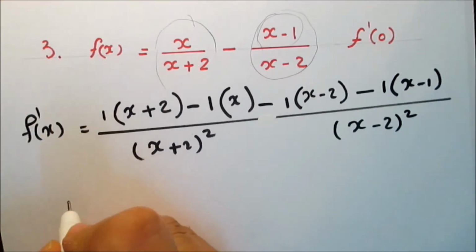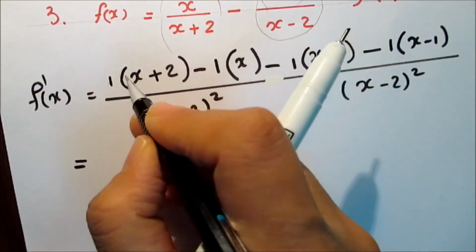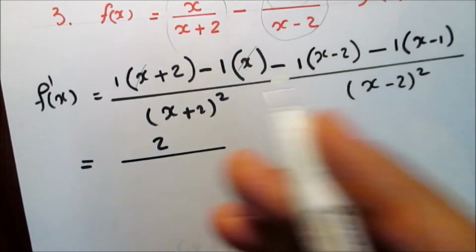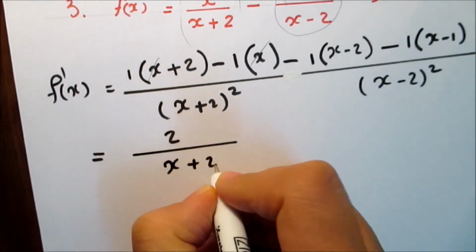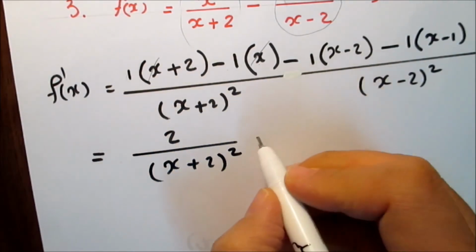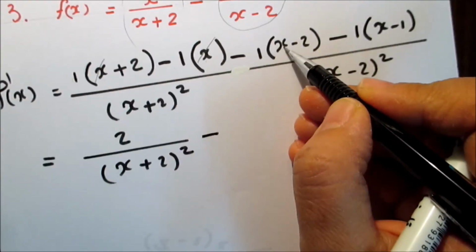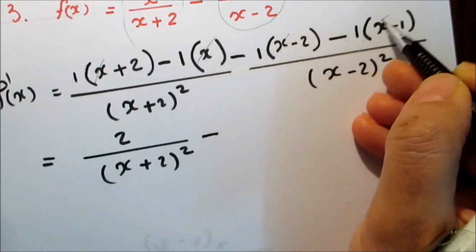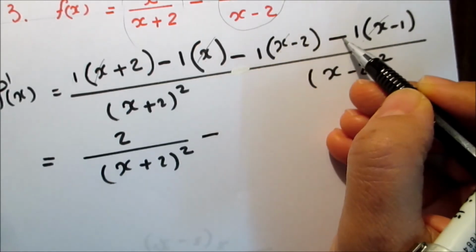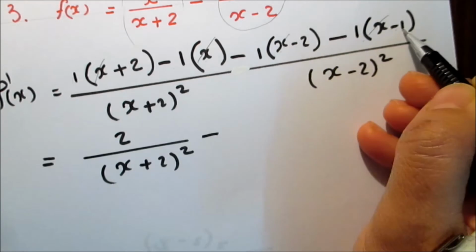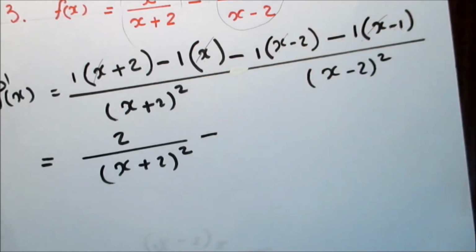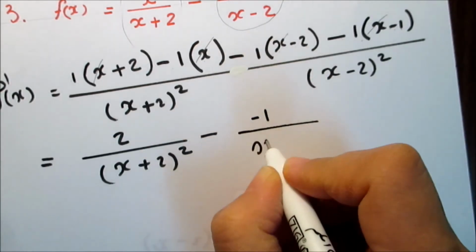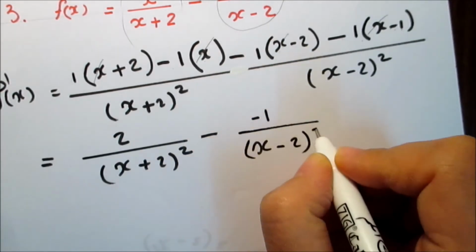Now simplify. We have 1 outside, so remove the bracket, so x minus x cancel each other, so we have 2 here, 2 over x plus 2 all squared, minus, here it's x minus x cancel each other, and negative 2 and minus minus to be plus 1, negative 2 plus 1 to be negative 1, so we have negative 1 and down it's x minus 2 all squared.